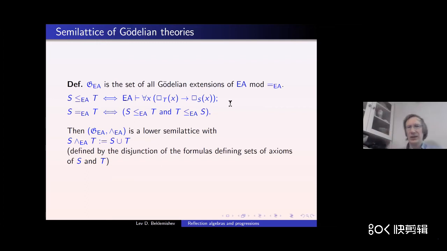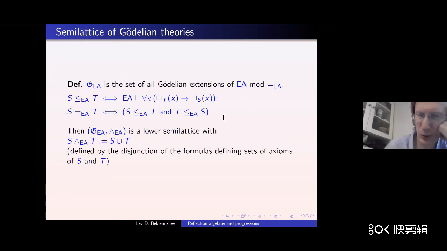So we can replace one provability predicate by an equivalent one, but it does not mean that we can always replace a theory by an equivalent theory, because that's weaker than being able to formalize this in elementary arithmetic.